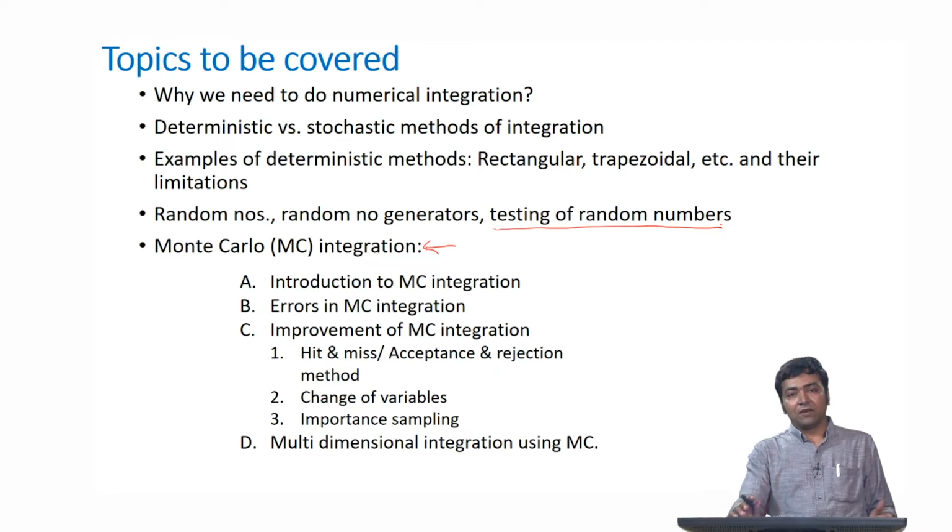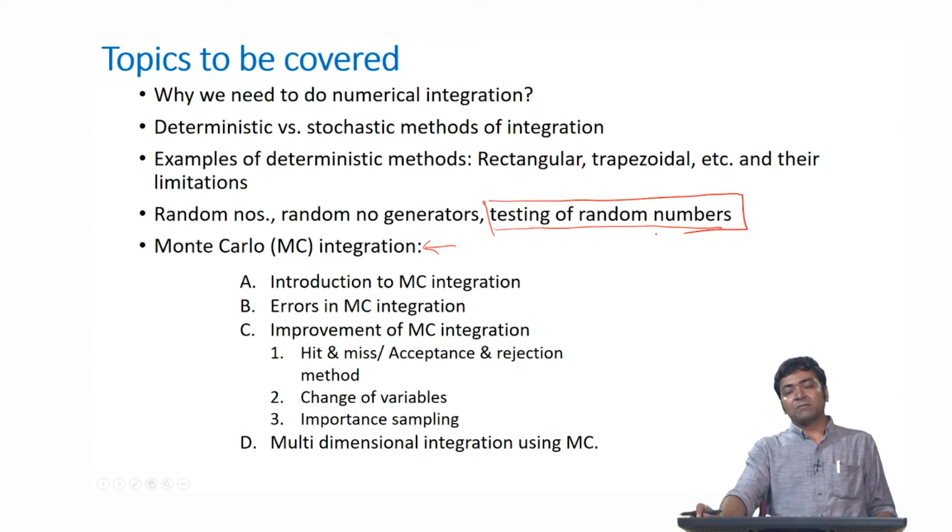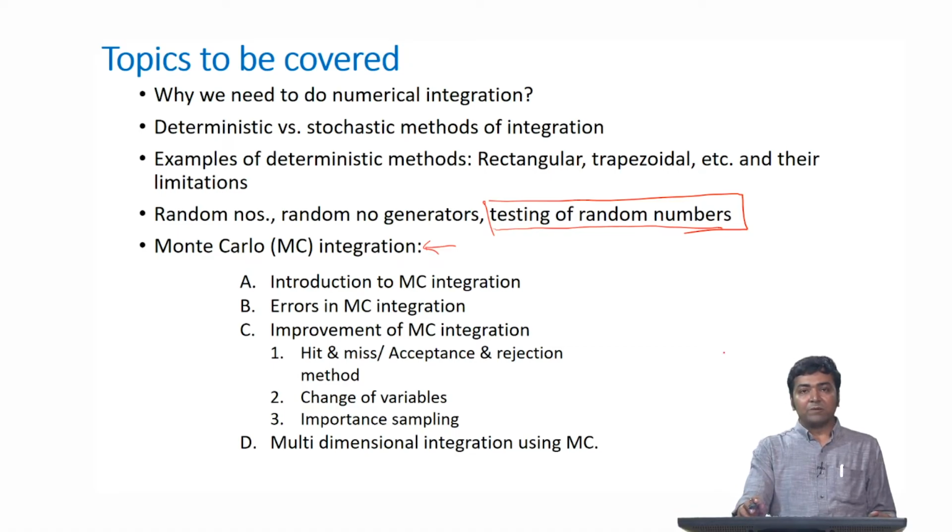We assume that we have some way to generate the random numbers. So, most of the focus will be on testing the random numbers. By testing, what I mean is whether the random numbers are in reality random or not. How does one know that? This is a very important thing, because if the random numbers are correlated, then these methods fail. So, we have to be absolutely sure about the quality of the random numbers we are using. So, we will talk more about that when we come to this topic.